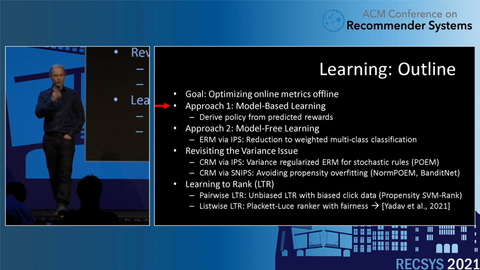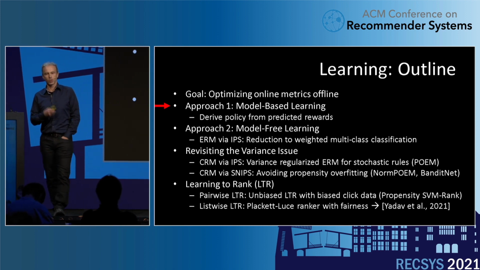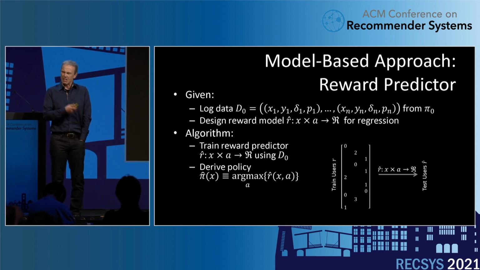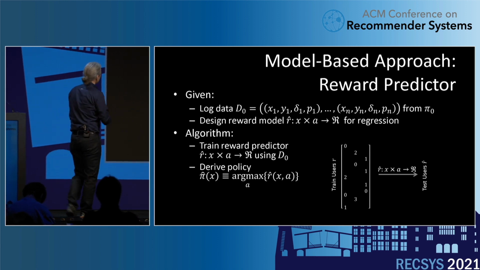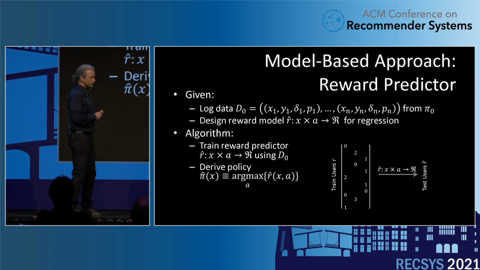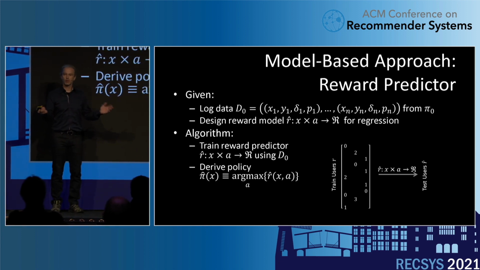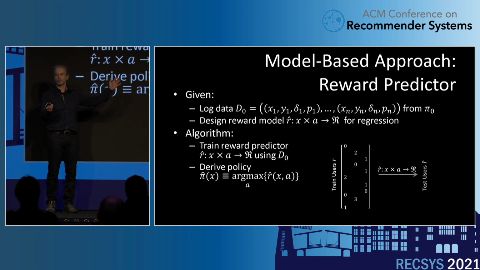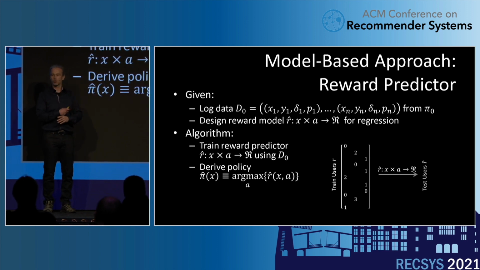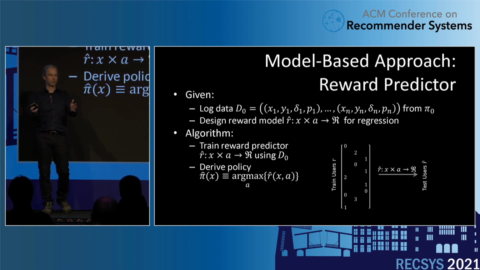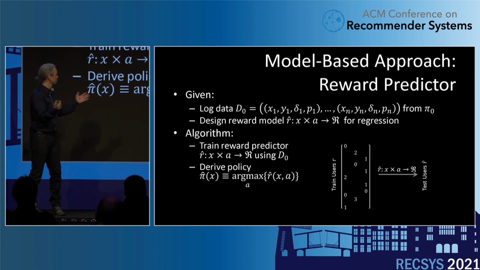Okay, so let's start with model-based policy learning. Again, that's probably the first thing that would come to your mind as well. So we have our log data, and just like for the direct method, when we do off-policy evaluation, we learn a regression model that would now allow us to predict the reward of any new context and any action that we will encounter in the future.